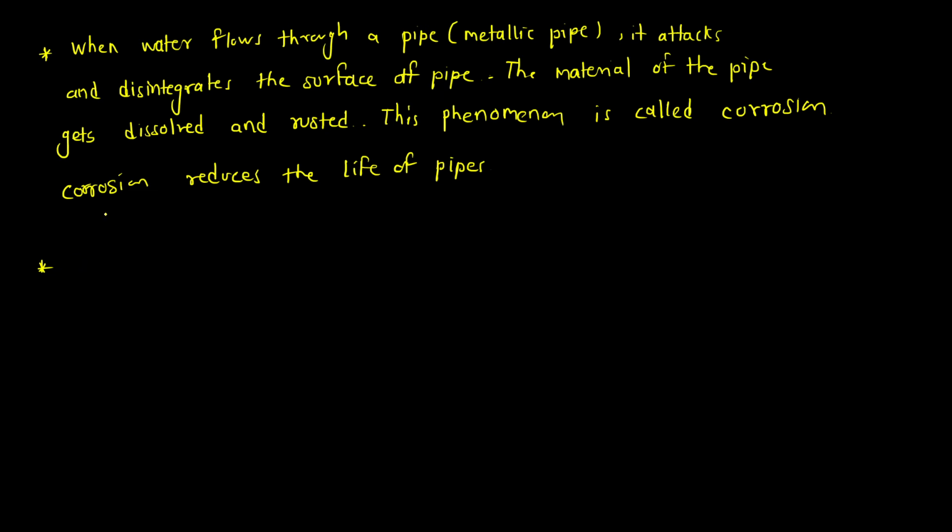Now, under normal range of pH, the iron particles which we have seen, that is Fe plus 2, react with water and form FeOH2.